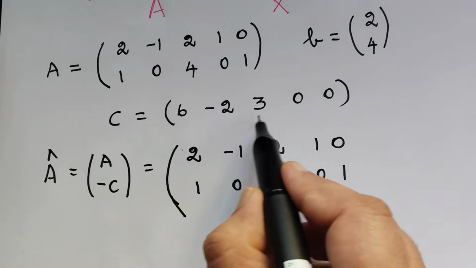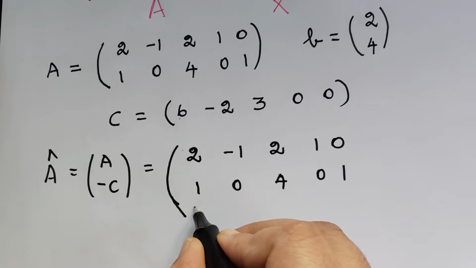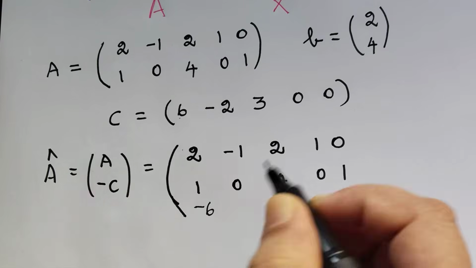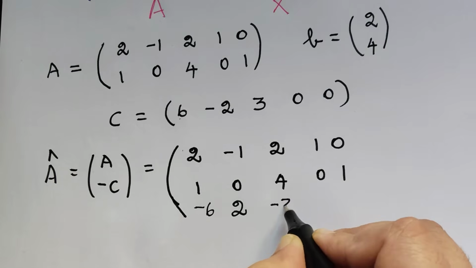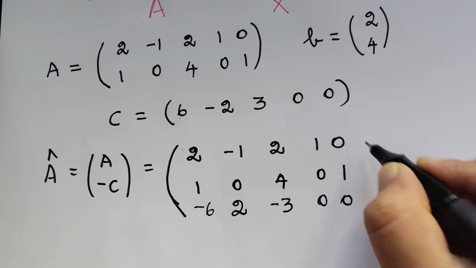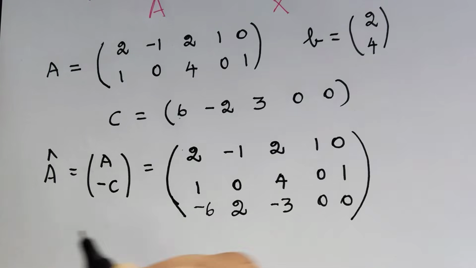So multiply this matrix with minus, so it will be minus 6, minus into minus will become plus, so 2, minus 3, 0, 0. So this gives us the matrix A cap.